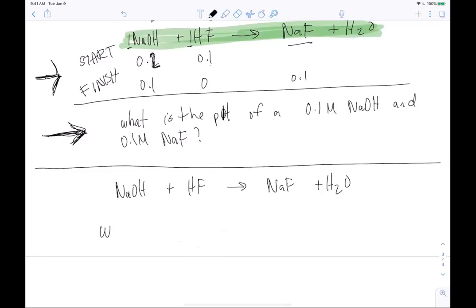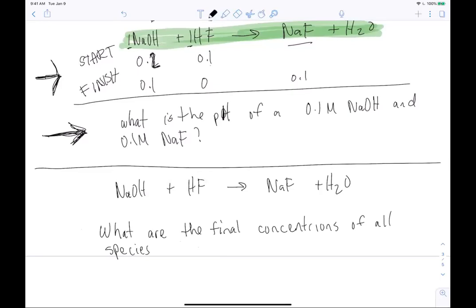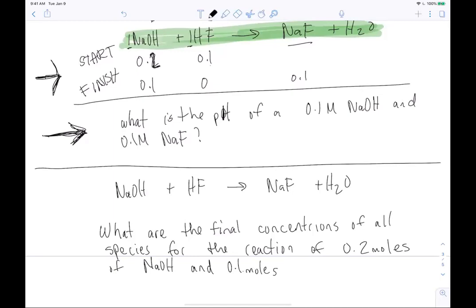But what are the final concentrations of all species for the reaction of 0.2 moles of sodium hydroxide and 0.1 moles of HF in 1 liter of water.